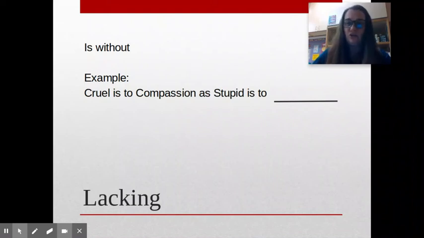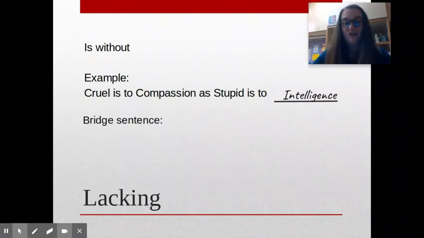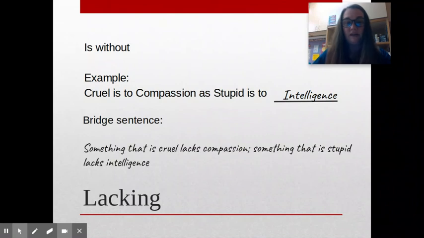So then stupid is without what? What do you not have if you're considered stupid? Intelligence. So our bridge sentence here would be something that is cruel lacks compassion, something that is stupid lacks intelligence.